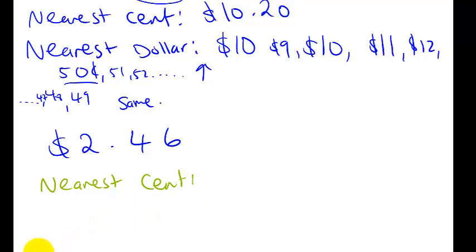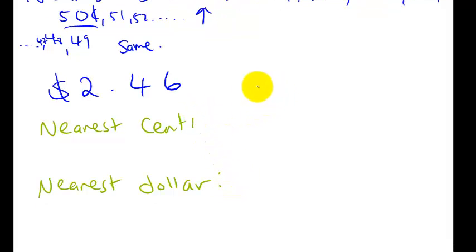Also, we're going to do it to the nearest dollar. So to the nearest cent, as we said before, we don't know 6 cents in Australia. We only know either 5 cents or 10 cents, for example, or 20 cents, etc. So with the 46, we can either have 40 cents, 45 cents, or 50 cents. Now, is 46 closer to 40, 45, or 50?